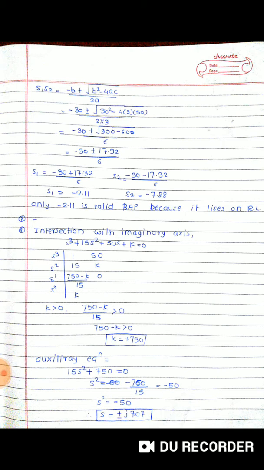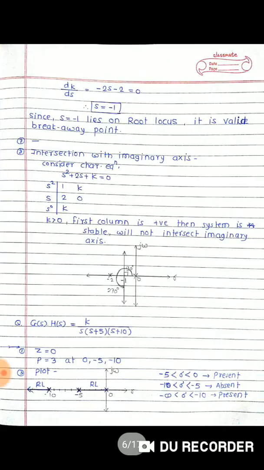But only minus 2.11 is a valid breakaway point because it lies on the root locus, while the other, minus 7.88, is not valid because wherever the minus 7.88 point is, the root locus is not present, as we have written here.